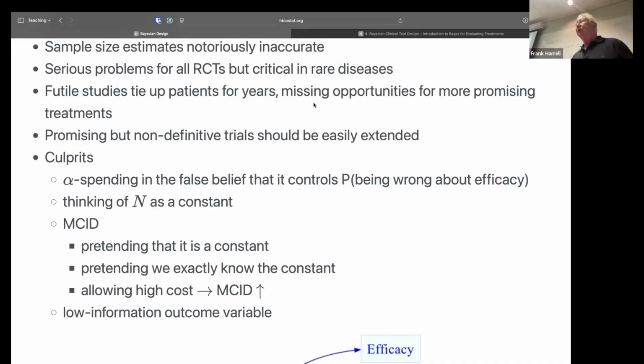Wouldn't it make more sense to let those patients be turned loose to be in other studies instead of tying them up for a study that's going to show no effectiveness, or it's just going to be equivocal? Likewise, you should be able to extend a study that's promising but not definitive.